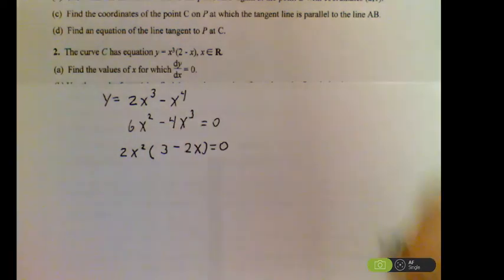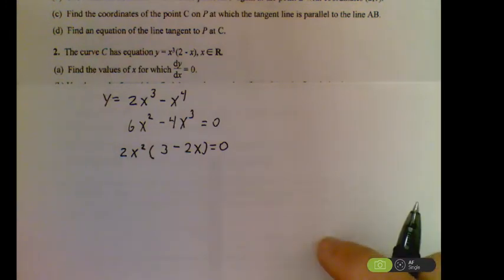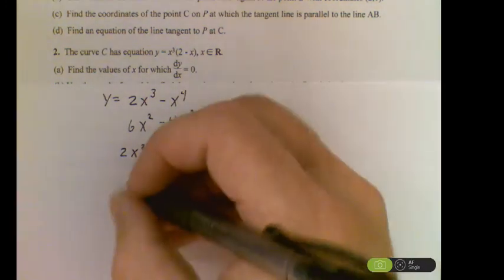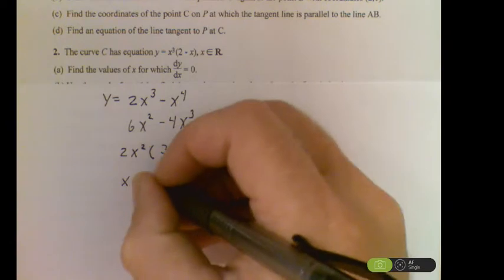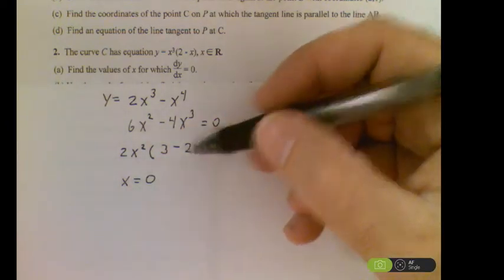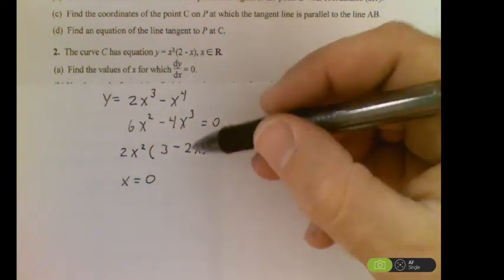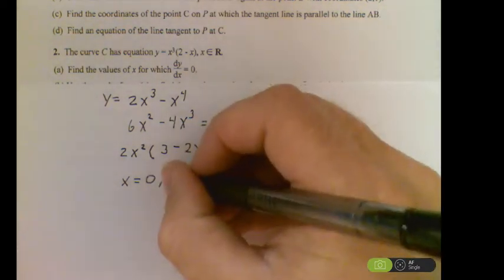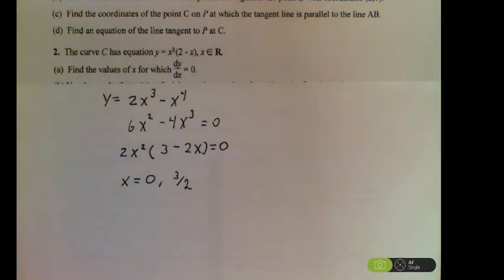And anytime you solve by factoring, it just means you set each factor equal to 0 and then solve from there. If I set this equal to 0, I'm just simply going to get 0 for that solution. If I set that equal to 0 and subtract the 3 and divide by negative 2, I'm going to get 3 over 2 for x. And so that was part A, just finding the values for x where the derivative equals 0.